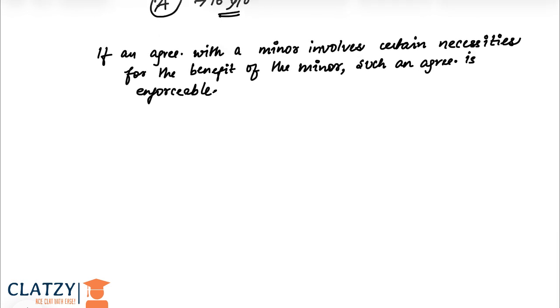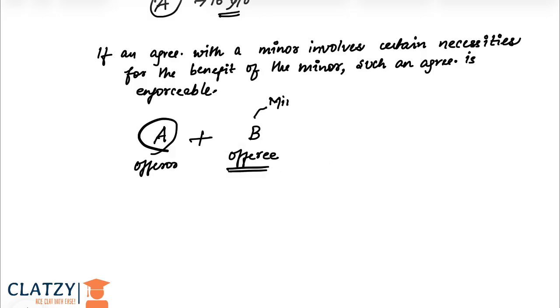It simply means that whenever you come across an agreement with a minor, just look at two things. Number one, let's say A is offerer, B is offeree. All right. And B is a minor. So you have to verify two things to decide whether an agreement with a minor is enforceable or it is void ab initio. First, check whether one of the parties is a minor.